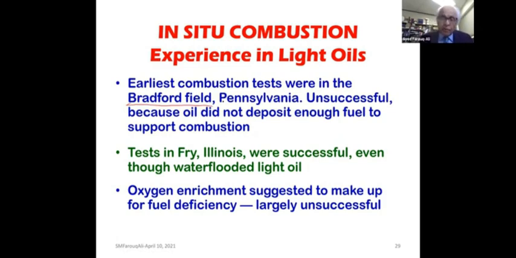In Pennsylvania, I used to live near there, and we tried to do in situ combustion in Bradford field 4 times. 4 times we tried that, and every time it was unsuccessful. And we didn't know much about it. I'm talking about the 1954 to '61 period. That was before my time. So I saw really the last couple of projects, but I didn't see the earlier ones.